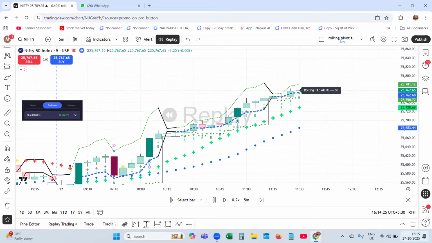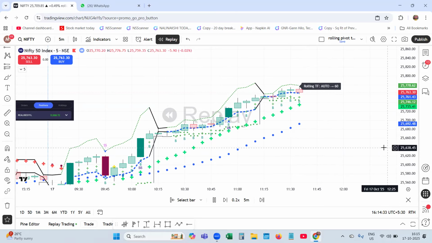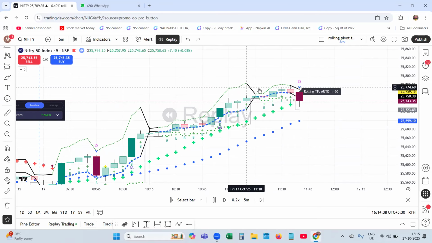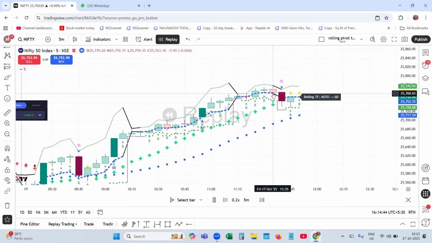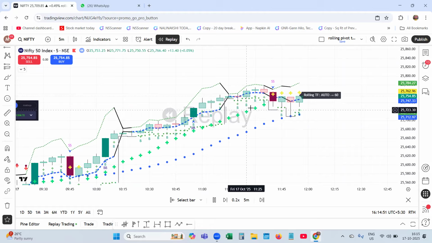See now it is 11:30. Already 11:30. 25,778. The market has reached its peak. Now, what happens in the market is it starts going sideways. Around London session, 12 o'clock, it is putting a leg down, indicating some sort of weakness over here.